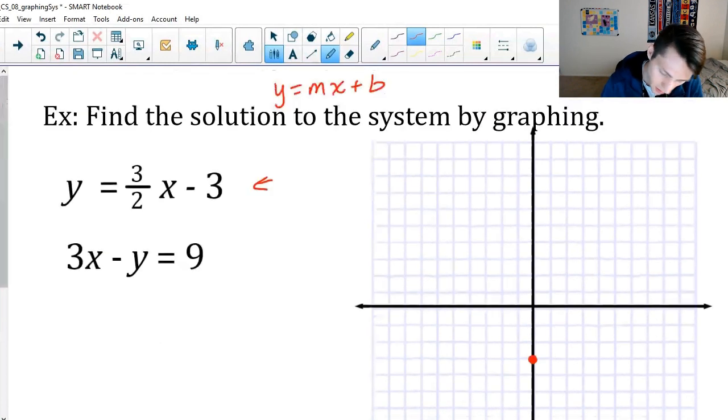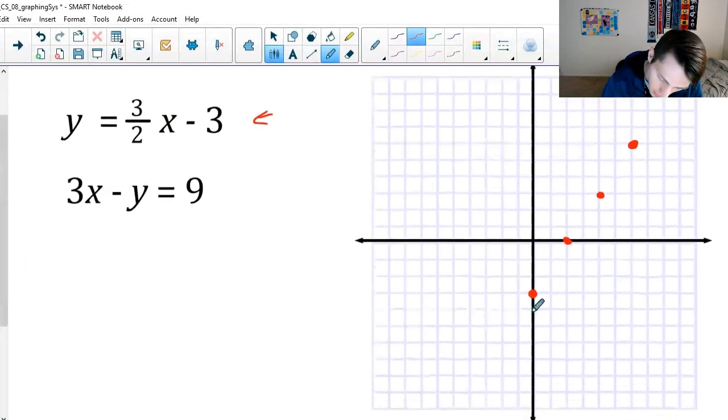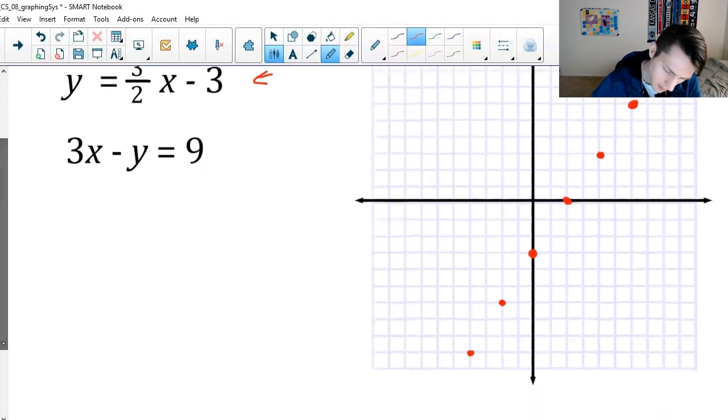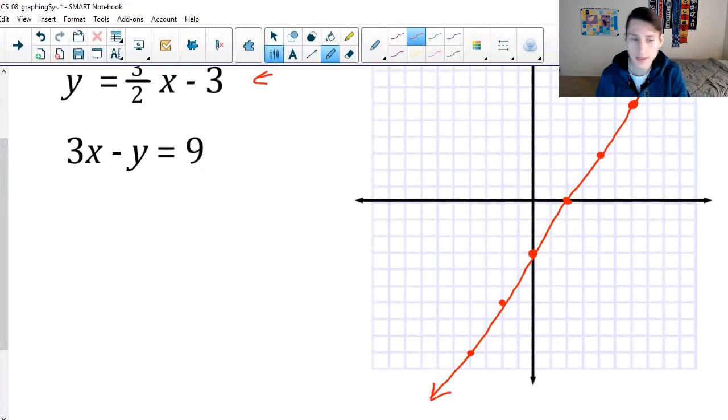Slope tells me to go up 3 over 2, rise over run. 1, 2, 3, 1, 2. And we could just keep going like this, or go the other direction, go down 3 and left 2. And we'll draw a perfectly straight line to represent that and go through it.